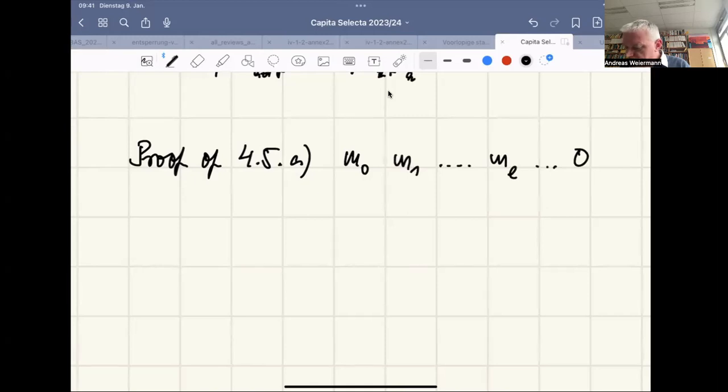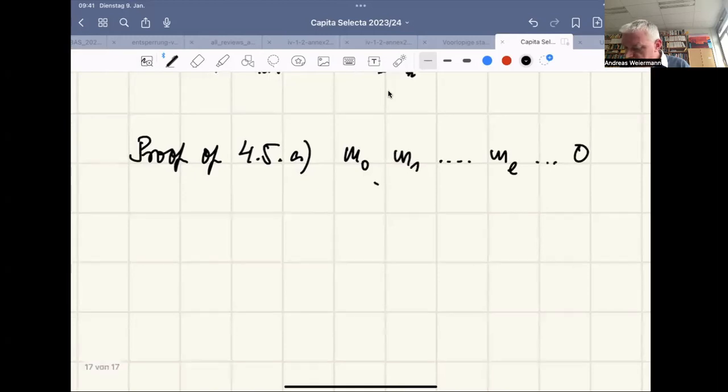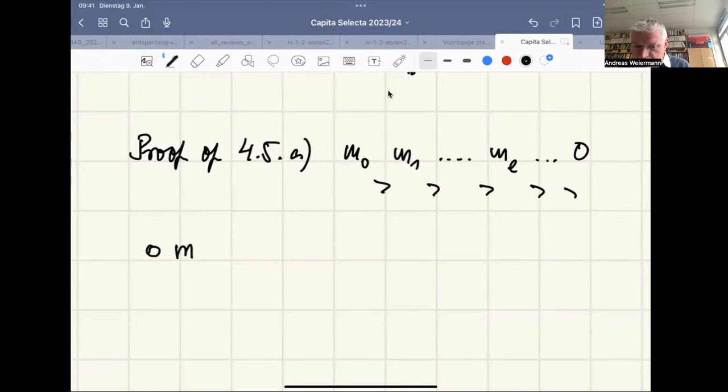Well, what we do is we associate ordinals which form a strictly descending chain. That for sure will stop at some moment. So we assign an ordinal to the nth step in the game.